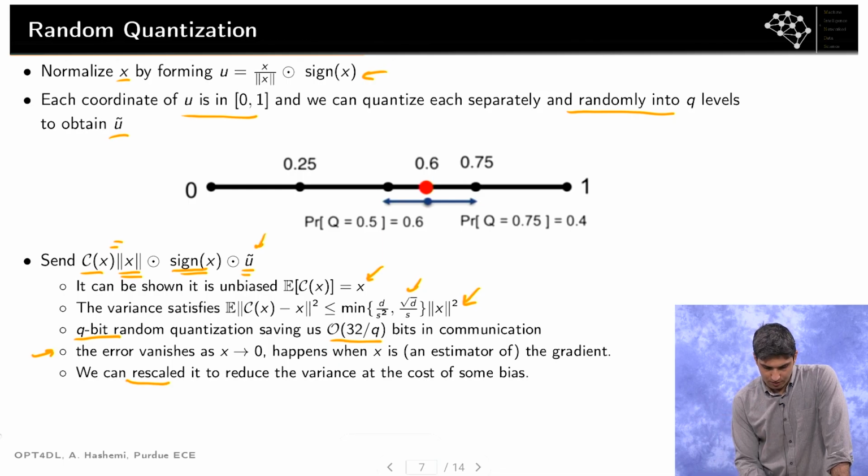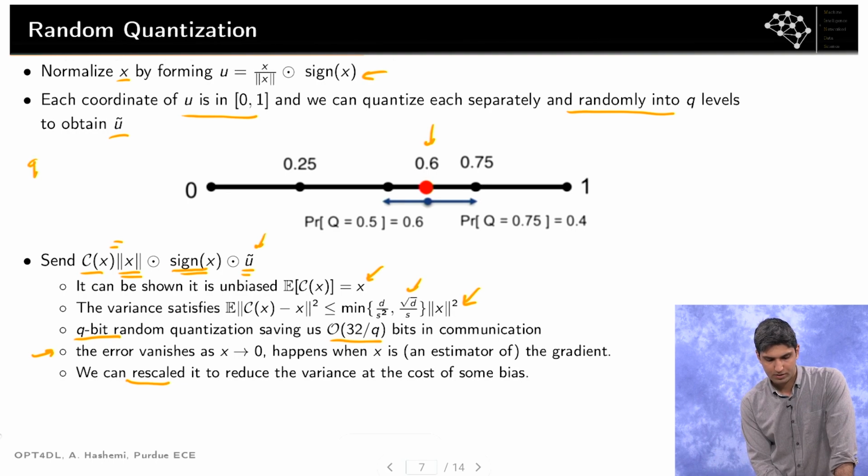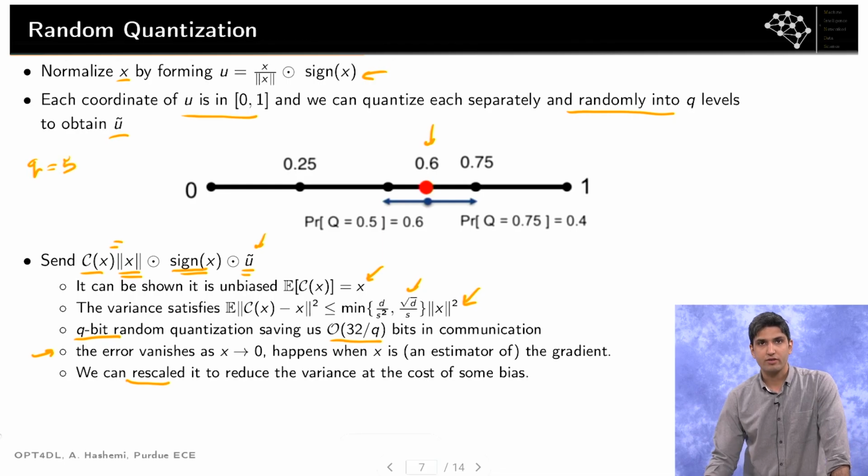All right, let's also talk about this example to see exactly how we can find this random quantization vector u tilde. Let's imagine that I'm looking at a coordinate of u, the normalized signal, and that coordinate turns out to be 0.6. Let's also assume that I'm performing q equal to 5 quantization.